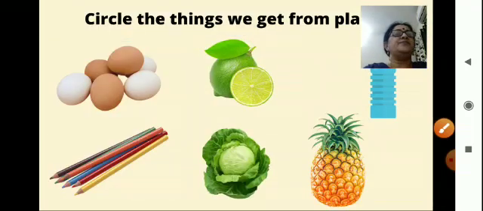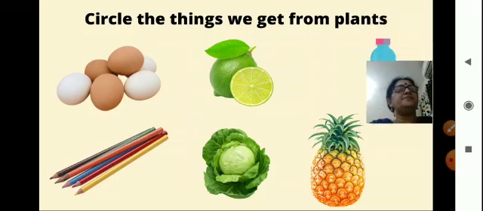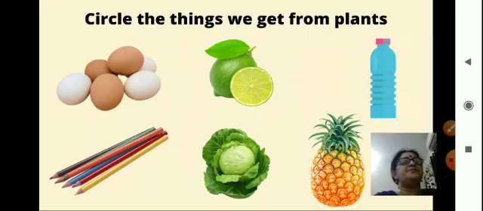Next, circle the things we get from plants. Eggs, lime, bottle, pineapple, cabbage, pencils.